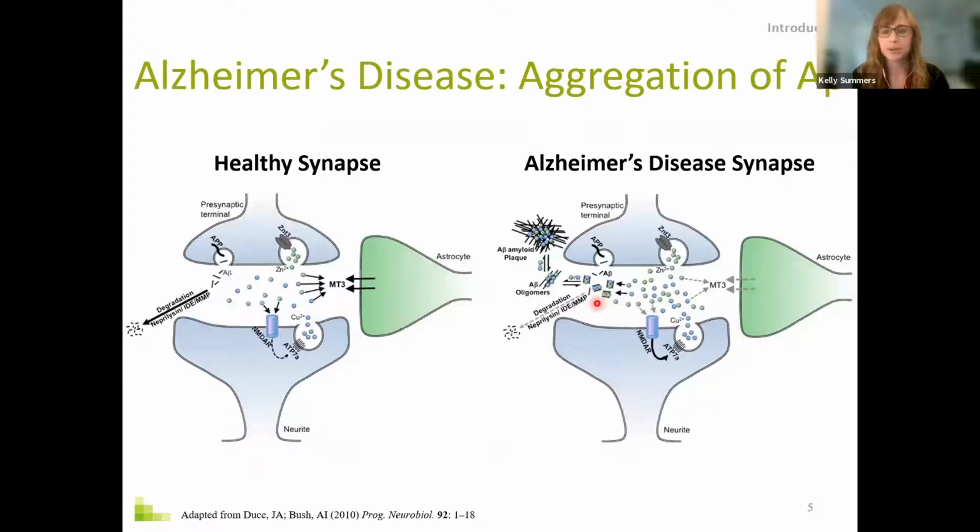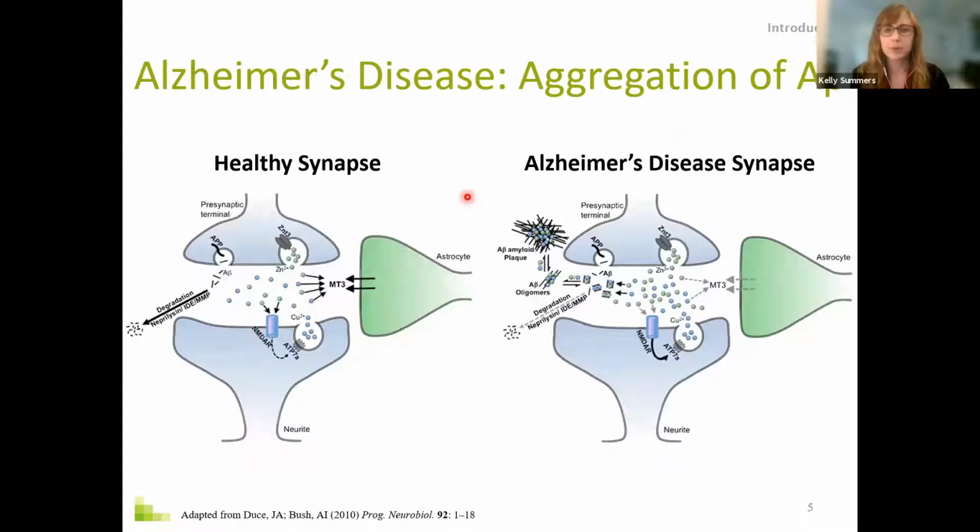And to make matters worse, the amyloid beta that's normally degraded is not, setting up the perfect environment for it to interact with these excess zinc and copper ions. This triggers the formation of amyloid beta oligomers and can go on to form these larger amyloid beta plaques. And this, of course, is just one hypothesis as to how this can happen.